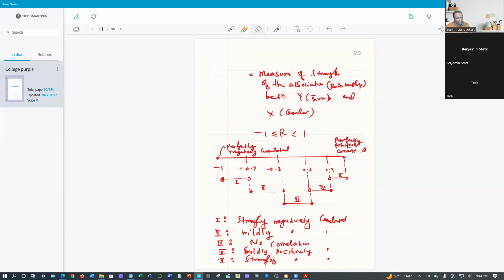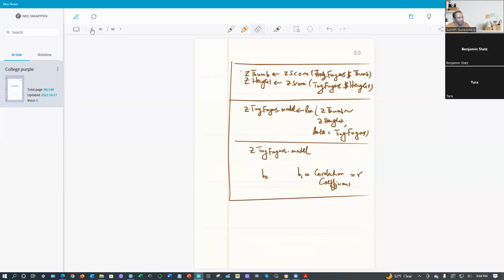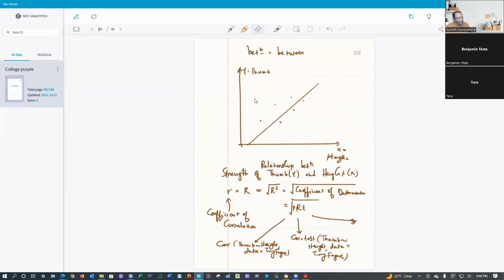The last one is perfectly positively correlated. So when it's negative, the line always slants this way, not like that.